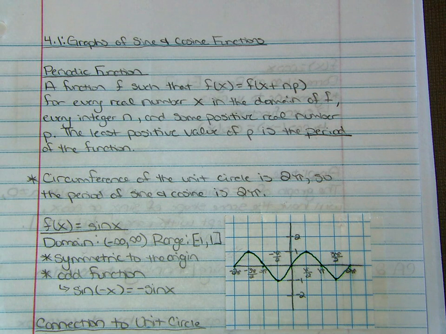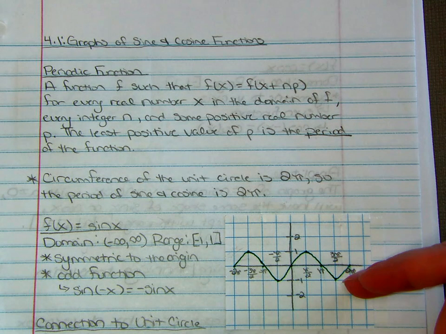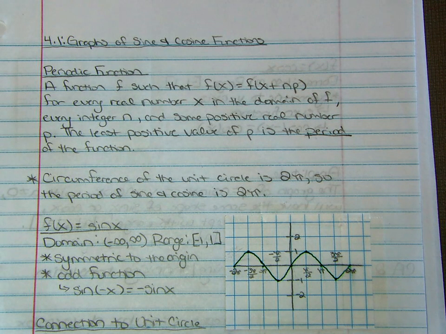This goes on forever in either direction. It continues to do the wiggle all the way across. You can find a sine of any real number. Thus, the domain is negative infinity to positive infinity. But the range is limited because we only go up to 1 and down to negative 1. The function of sine is symmetric to the origin, and it is an odd function.